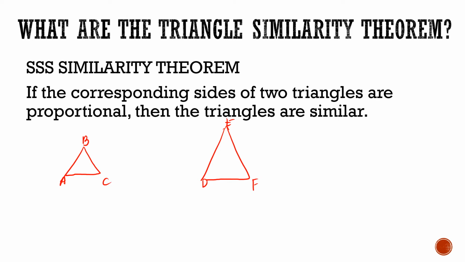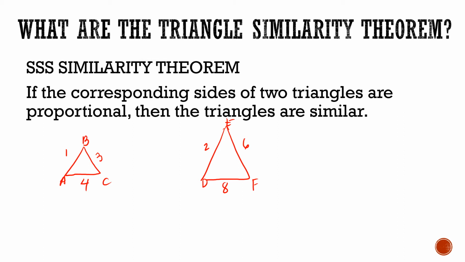Let's say side AB of triangle ABC measures 1, DE is 2, BC is 3, EF is 6, AC is 4, and DF is 8.